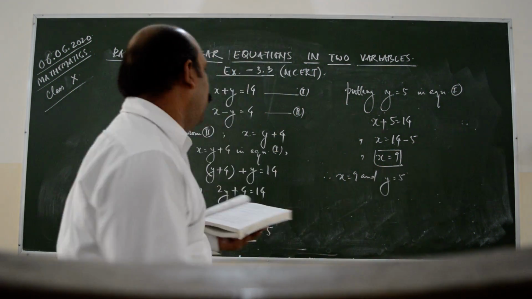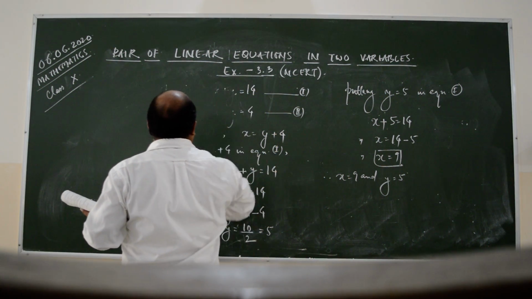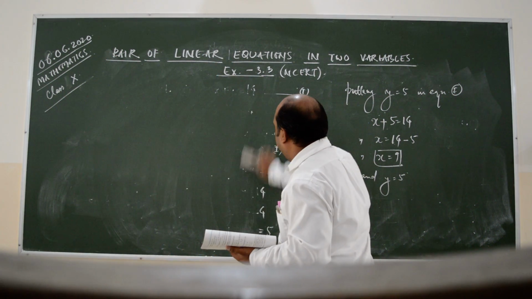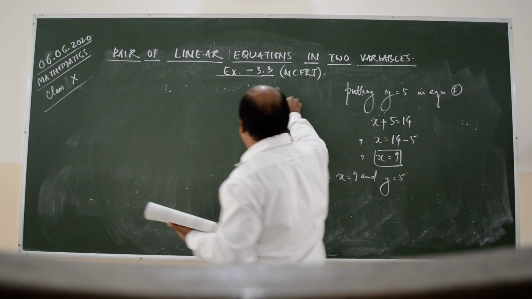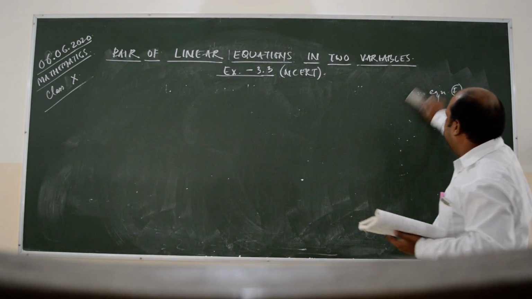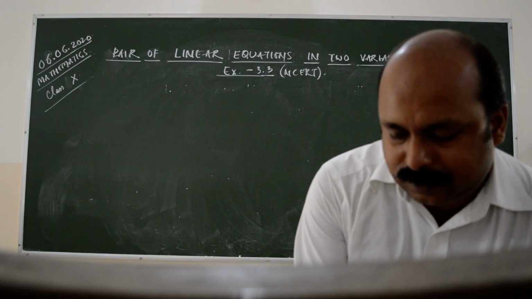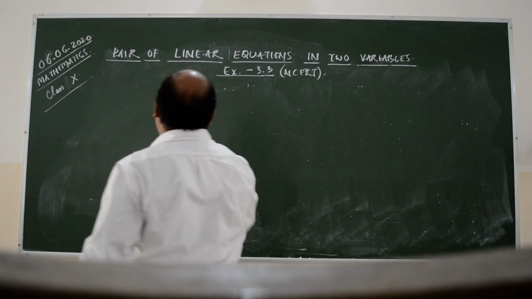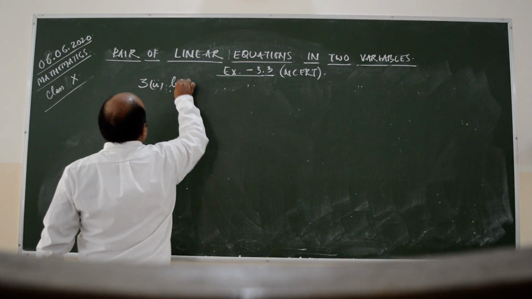Find them. So let us do it. You will agree that supplementary angles are a pair of angles whose sum is 180 degrees. So this idea is required to frame the equations.